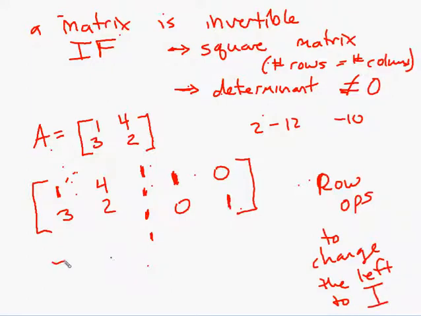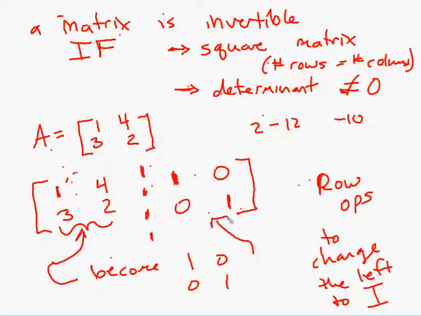So I want this side to become 1, 0, 0, 1. And this right-hand side, that's going to be really, really ugly. Okay? But this right-hand side will be my answer. The left-hand side will not be my answer. My right-hand side will become my answer.